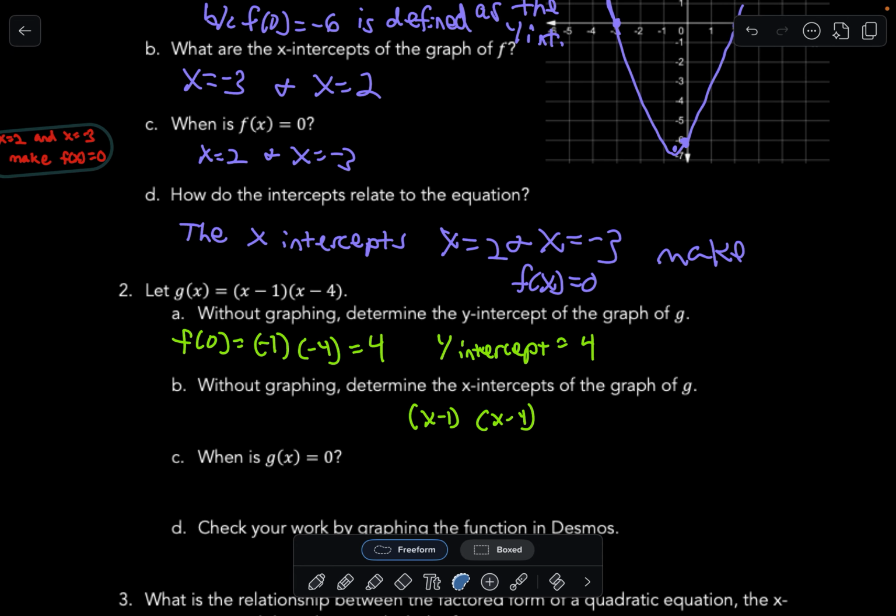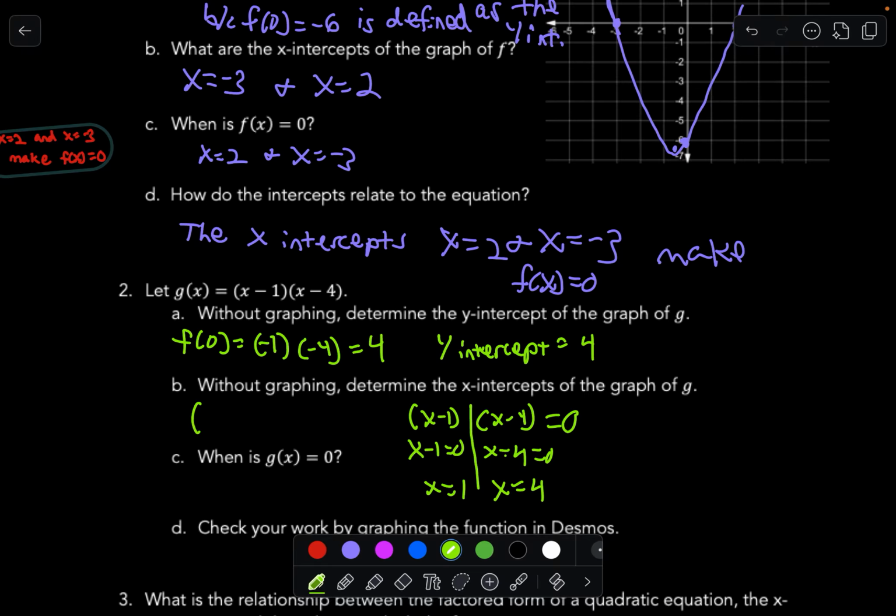So we do this. We set each one equal to 0 and solve. One side gives us x equals 1, the other one gives us x equals 4. So the x-intercepts are x equals 1 and x equals 4.